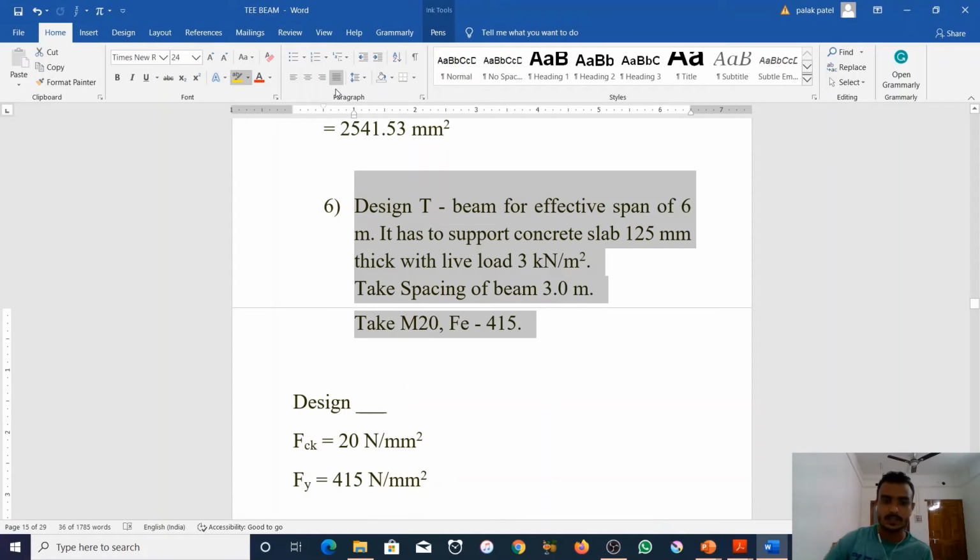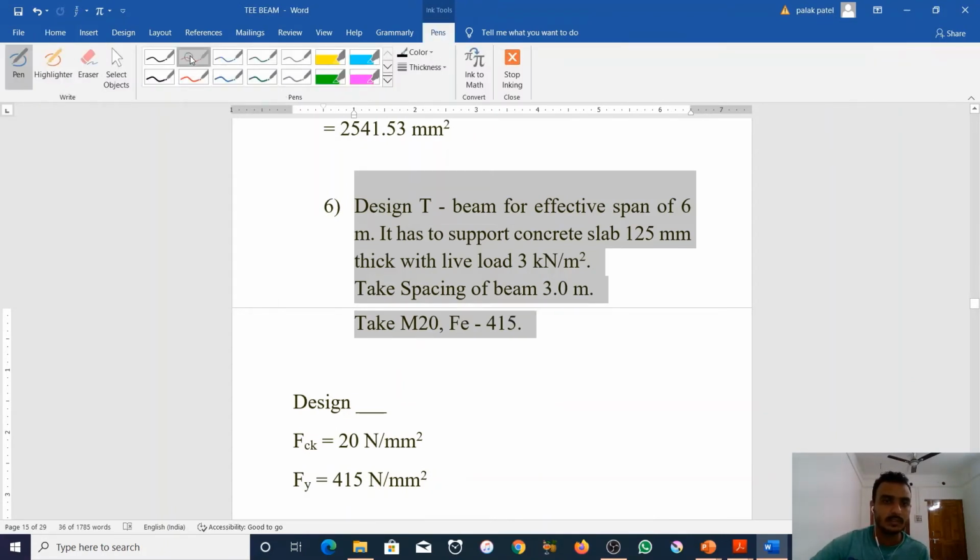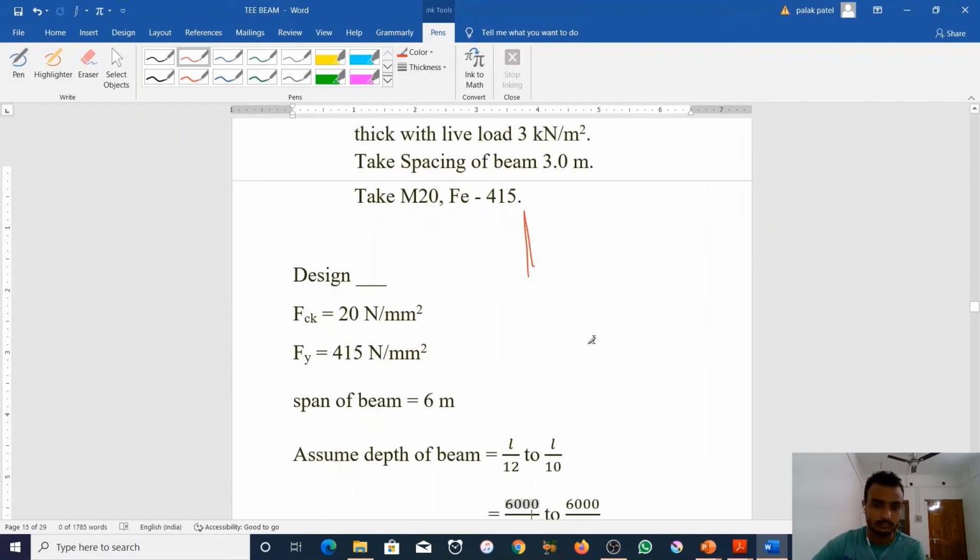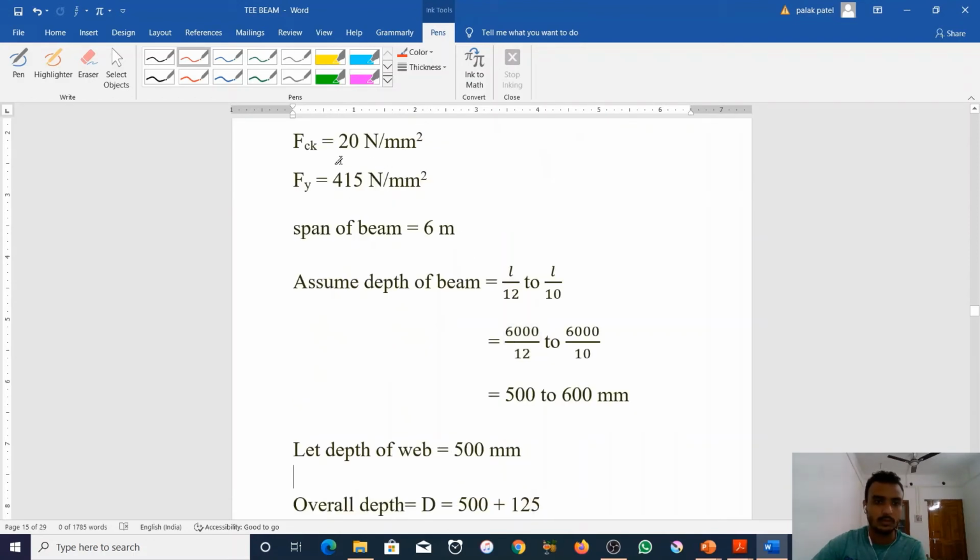Let's start the example here. fck is 20, fy is 415, span of beam is 6 meter.